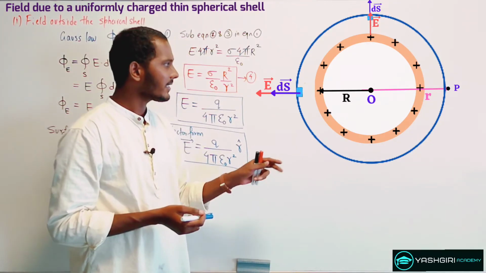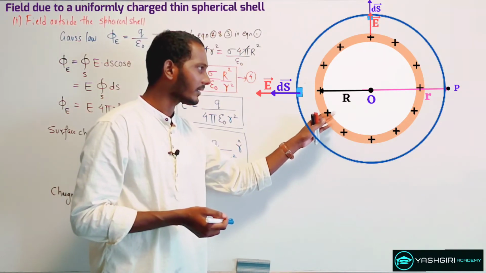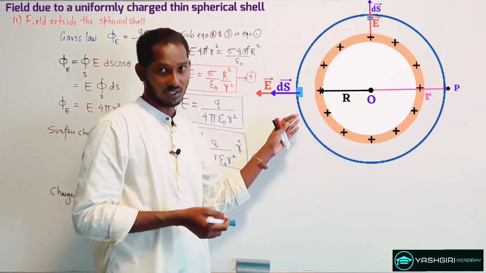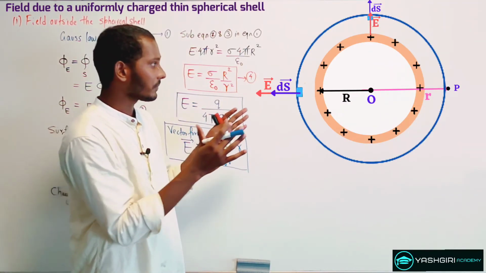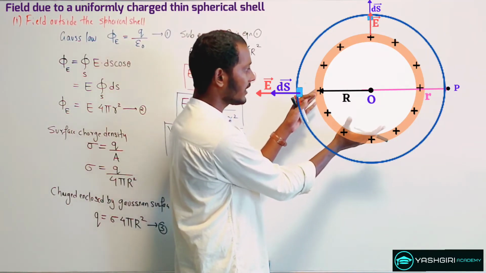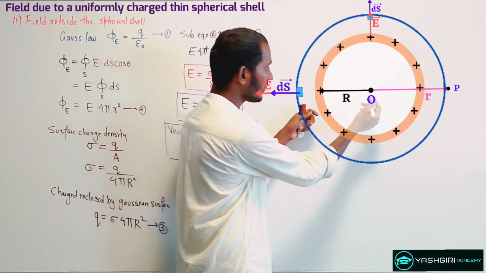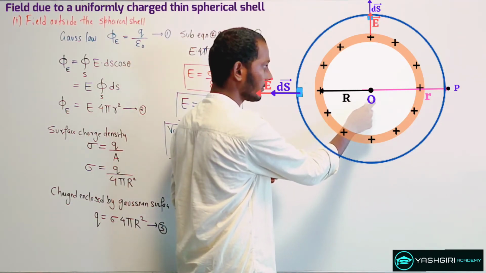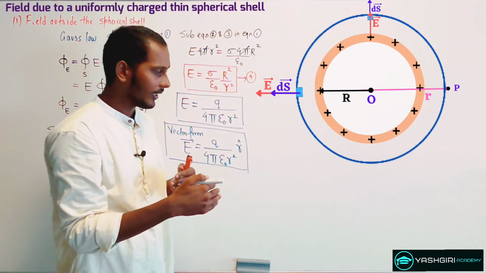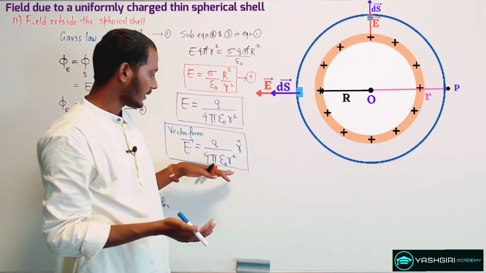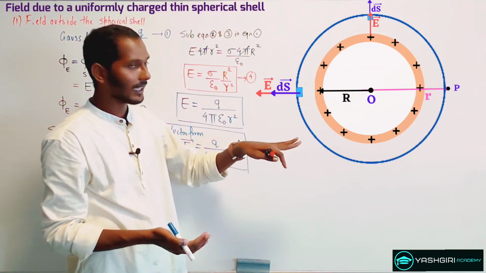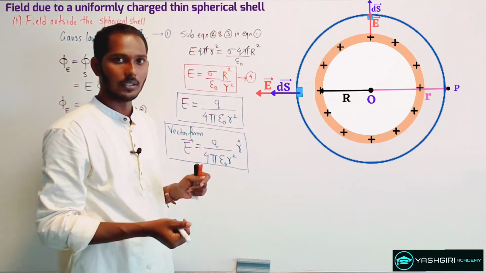So the field outside this charged thin spherical shell is as if the entire charge of the shell is concentrated at the origin O. It's acting in that manner. So that is the electric field for a point outside the thin spherical shell.